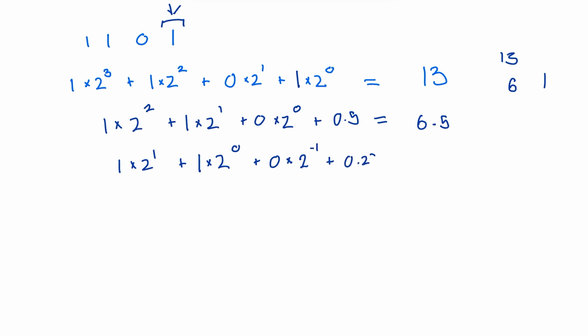We have 0.25 equals 3.25, right? Now, let's go ahead and quickly determine this side to be 3 plus 0 times 2 to the negative 1 plus 0.25 equals 3.25.